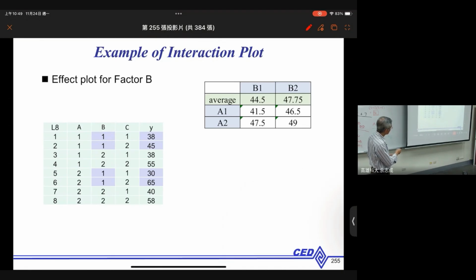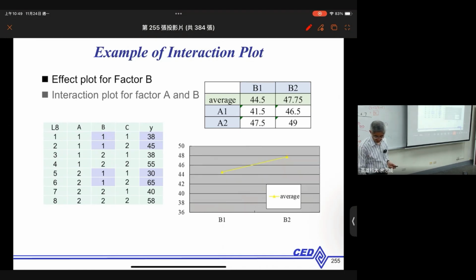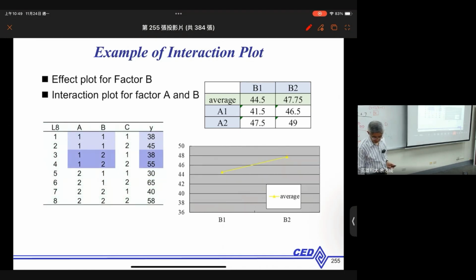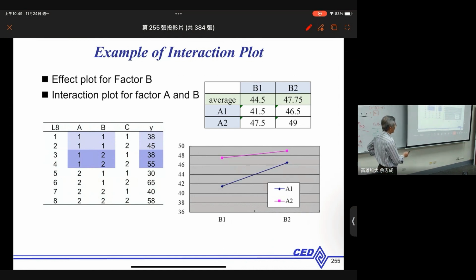Same thing for these two. We already did that. So we can draw the line, and here we can see there are two lines. When A is in A1, this is the blue. The red line is A in A2. This shows the difference when I change B1 to B2.